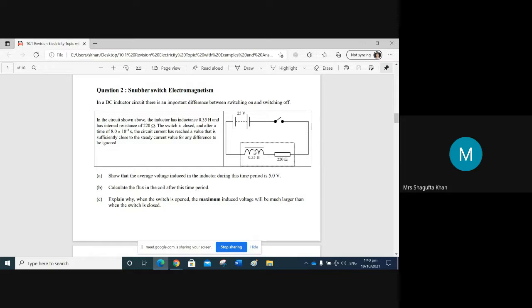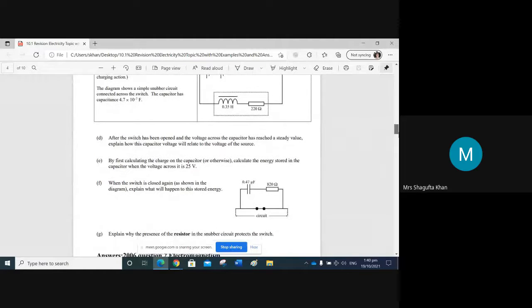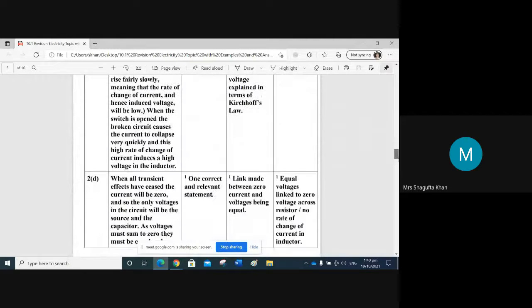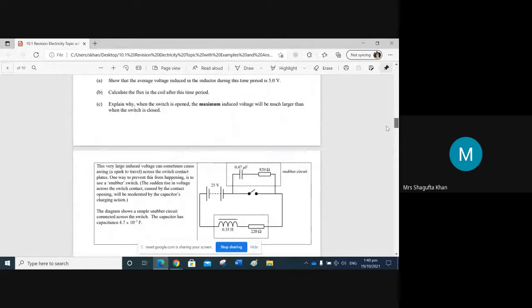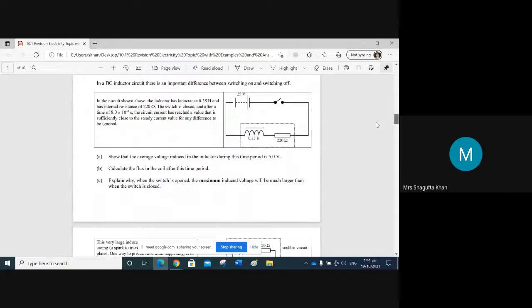Another thing is that a very high voltage can be created when the switch is open and the circuit is not closed. What's the reason for that? When the switch is open, we've already discussed how the current and voltage will both be decreasing.